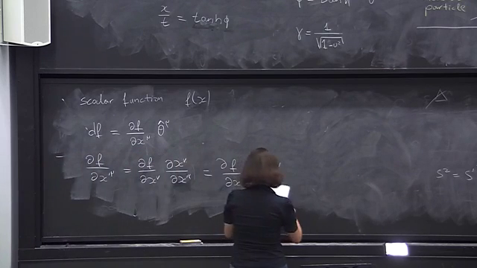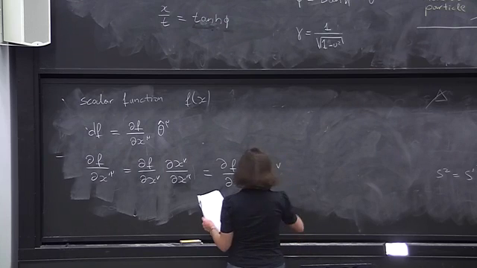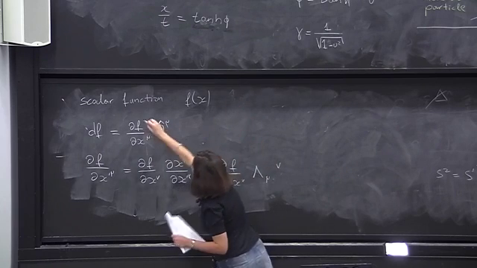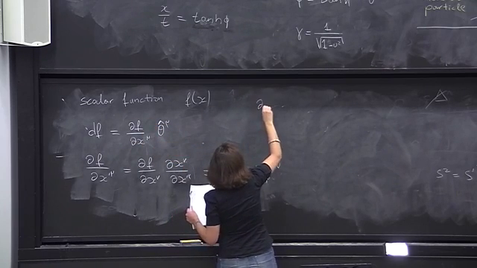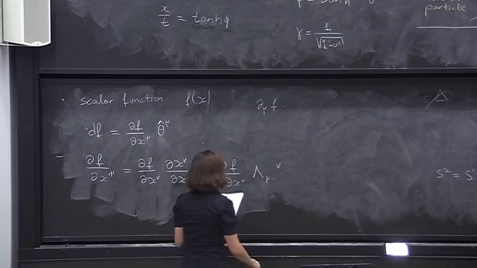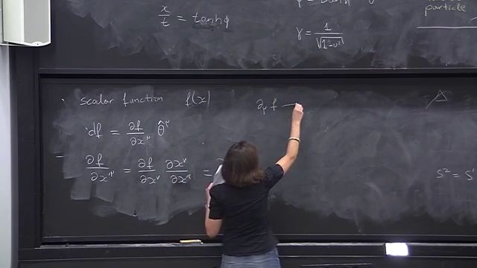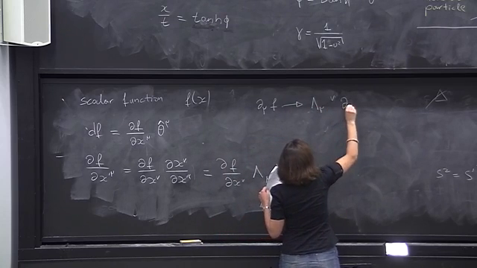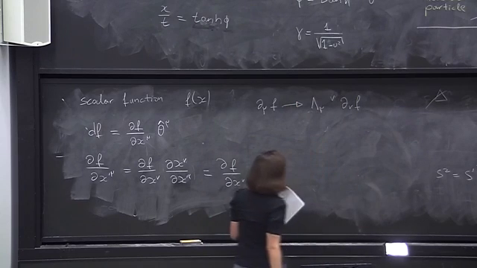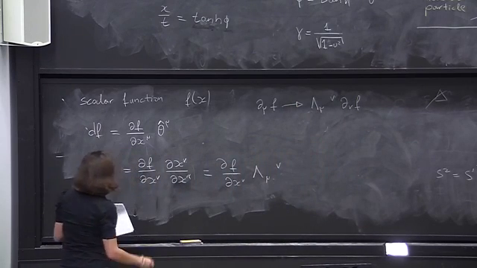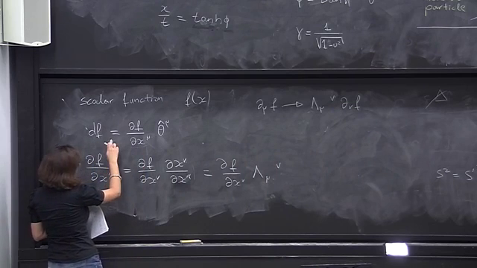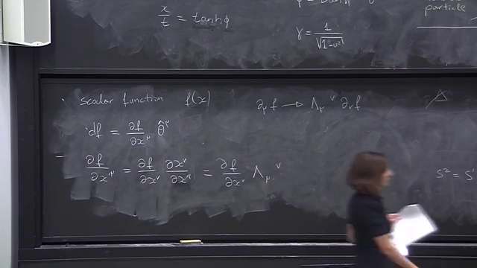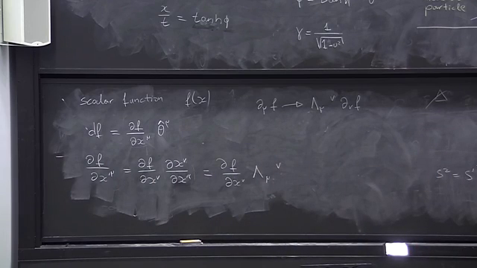So the gradient, which we can also write as d_mu f, will go into lambda mu nu times d_mu f. So indeed, the components of this vector that belongs in the dual vector space transform under Lorentz transformations following this rule.